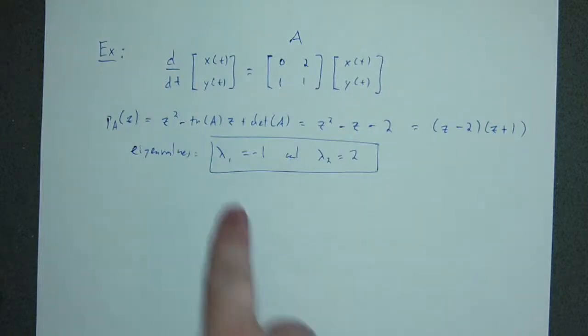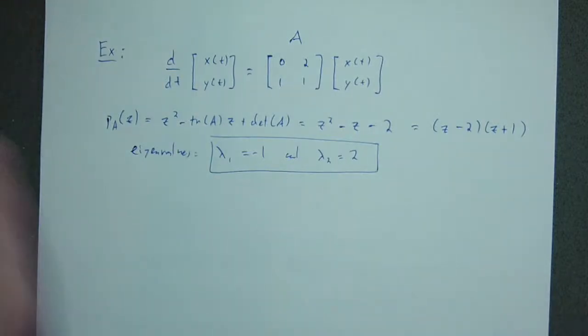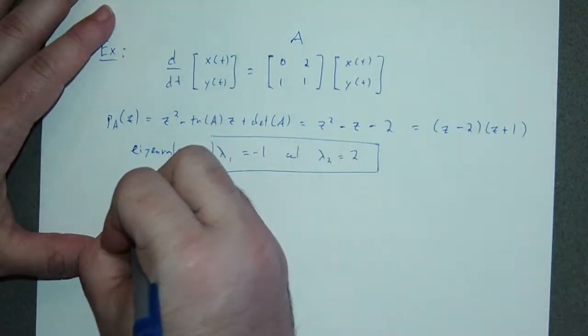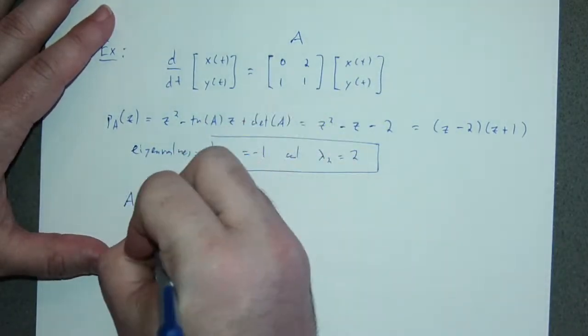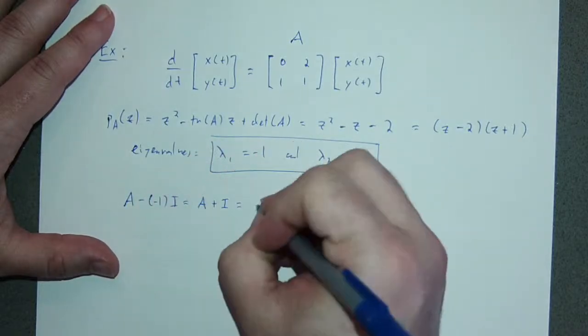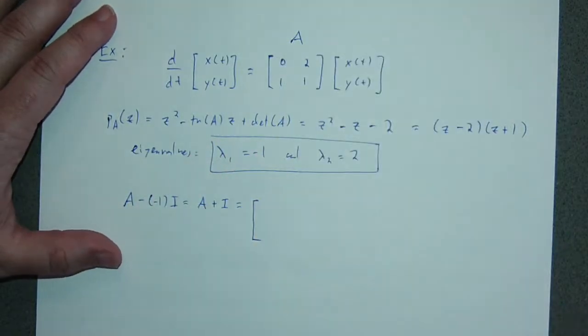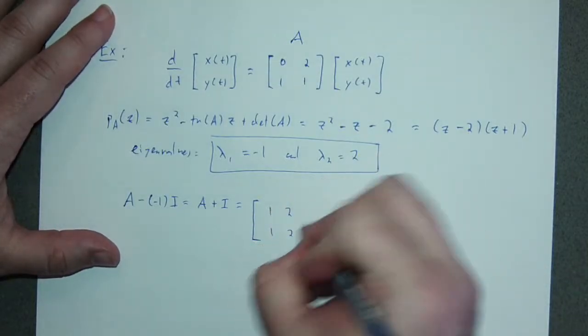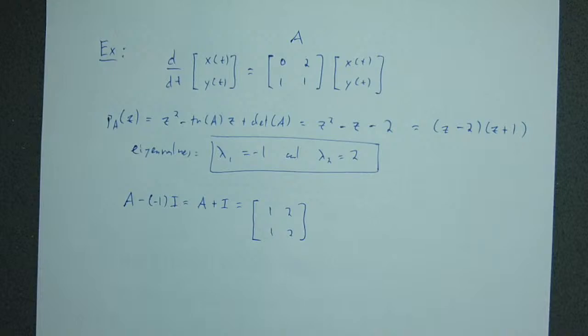Okay, so let's find eigenvectors for each of these. To do that, I'm going to use Cayley-Hamilton. So I'm going to look at A minus (minus 1)I, which is A plus I. Well, A plus I is [1, 2; 1, 2], right?